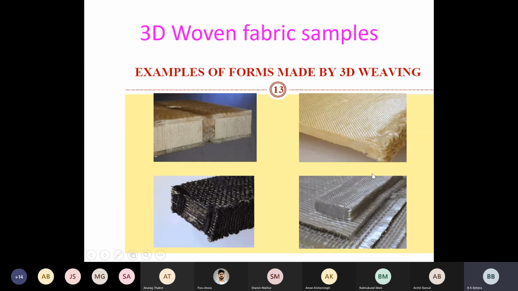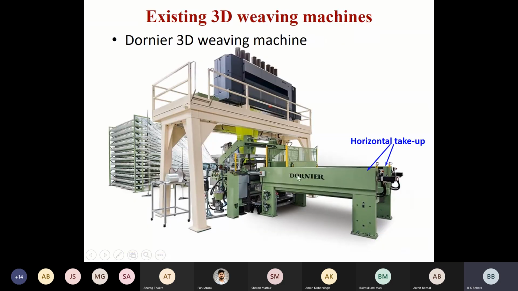So depending on our requirement, where it is going, every time after weaving a certain length, it is dragged over by the horizontal or linear take-up mechanism. So fabric comes out and is placed over this platform, and we cut the fabric after weaving a fixed length, maybe 2 meter, 3 meter, 4 meter, whatever it is, depending on the length of this horizontal take-up device.